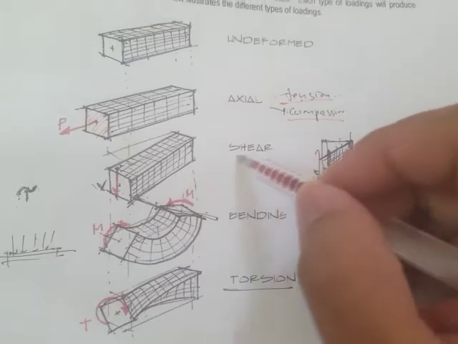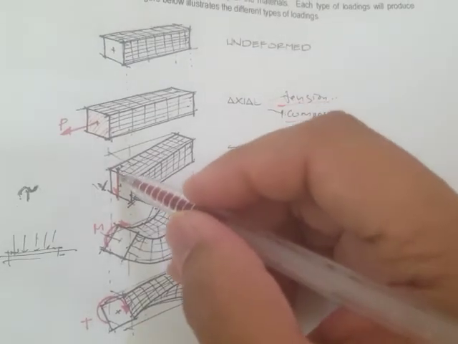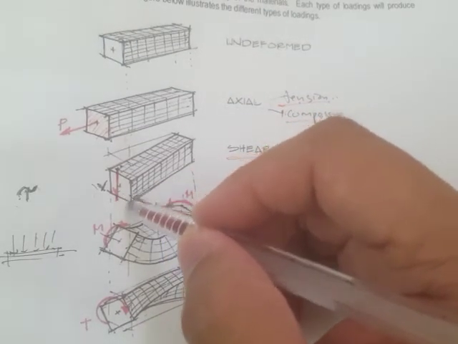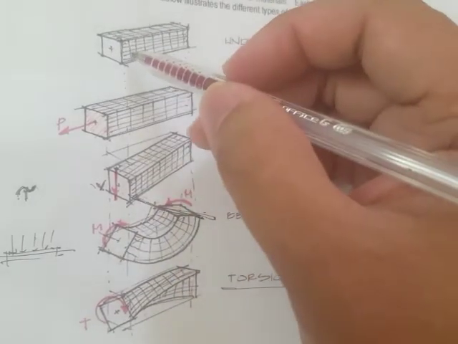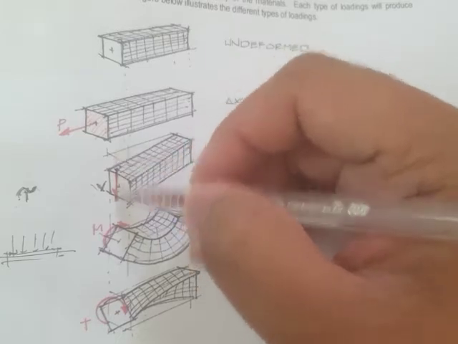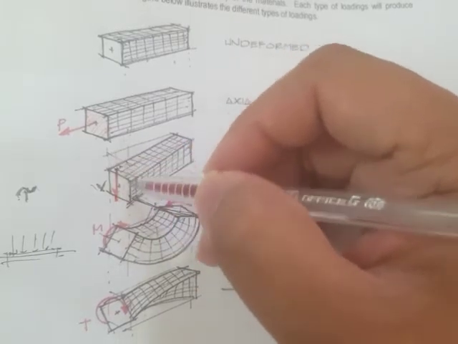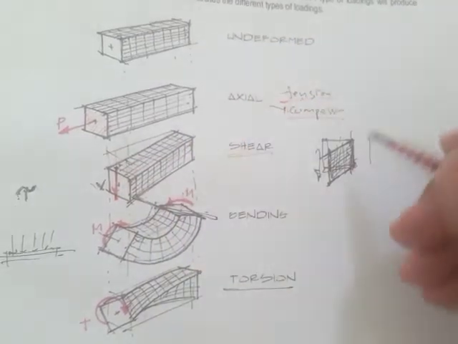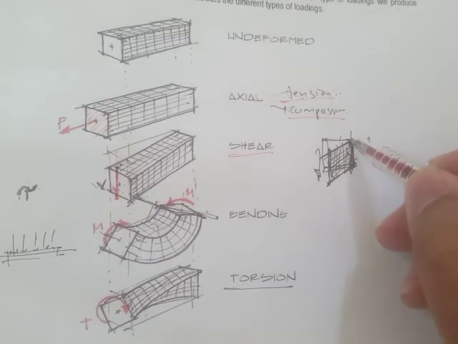Now, another type of loading is shear loading, meaning that the force is parallel to the cross-sectional area. So this is our original, or undeformed geometry. Because of this downward force, there are actually changes in terms of the angle.